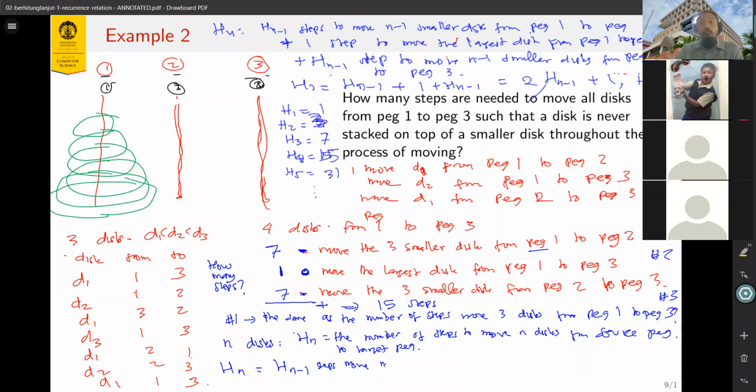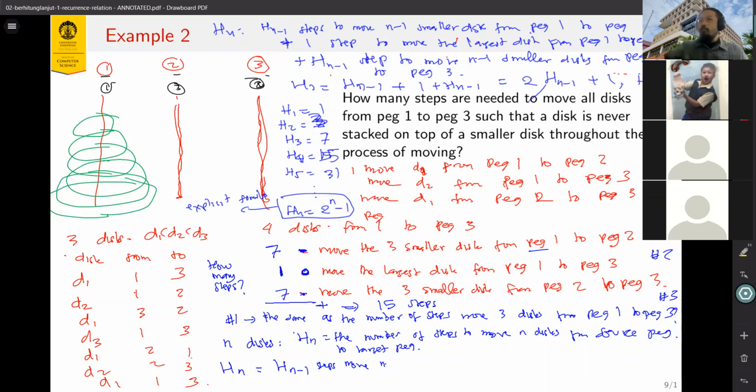You could of course guess that actually Hn is in fact 2 to the power of n minus 1. Now this form is the explicit formula. Yeah, this is called the explicit formula.